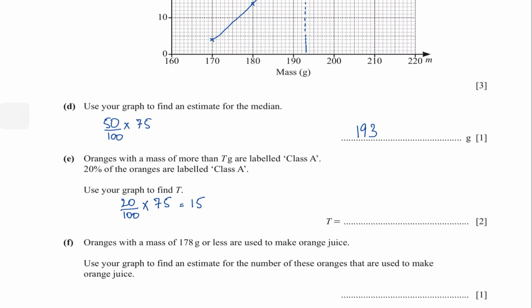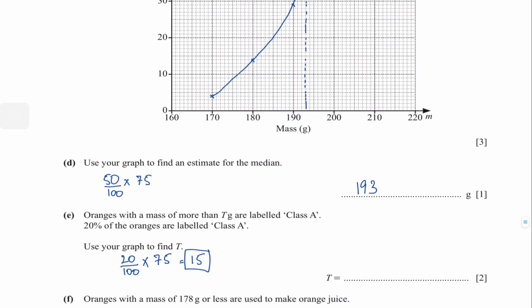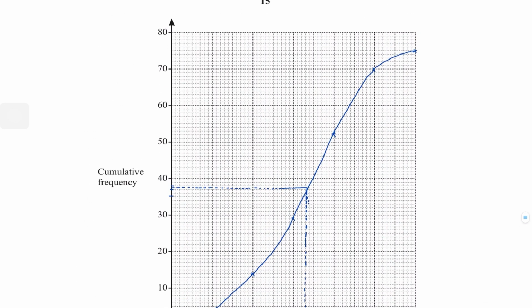And what do we have to find out? We have to find out the value of t, which is basically representing the grams. So what I'm going to do is count backwards, and I'll tell you what I mean by backwards. I'm going to start from the top, and you can see that this ends at 75.